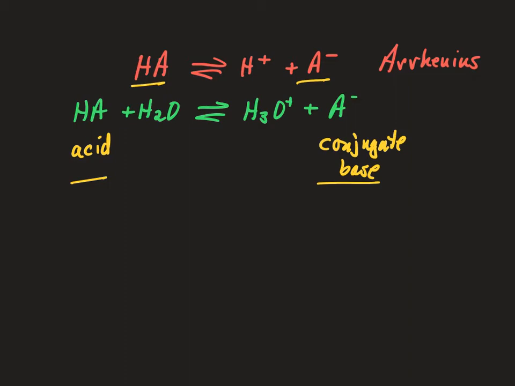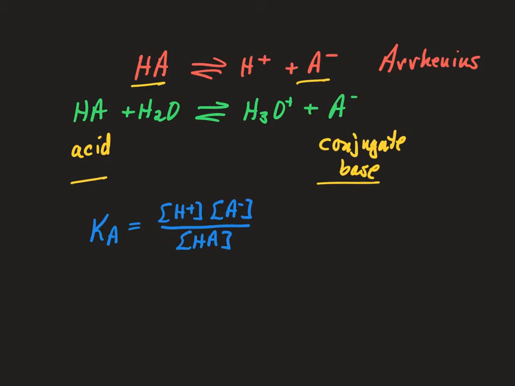Now, if we write out our equilibrium, if we write our Ka expression, and I'm going to write it from the Arrhenius equation, you get the concentration of hydrogen ions times the concentration of the conjugate base anion divided by the concentration of undissociated acid. If you've watched the other videos, you've heard me say that.